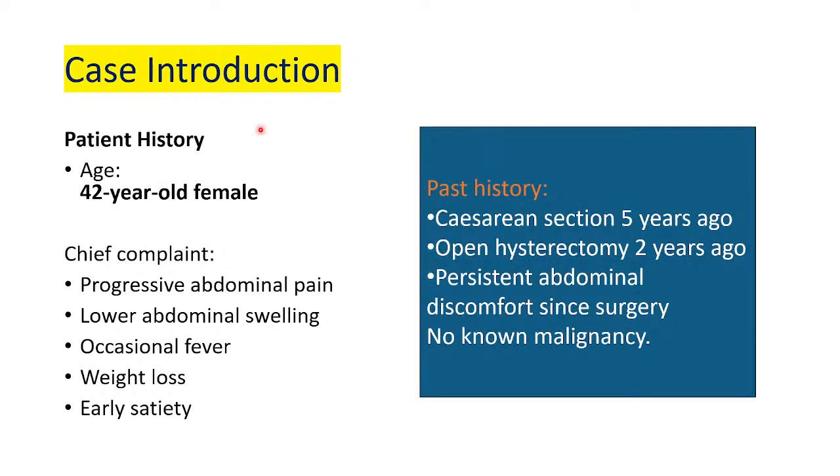The case introduction. Patient history, age, 42-year-old female, chief complaint, progressive abdominal pain, lower abdominal swelling, occasional fever, weight loss, and early satiety. The patient history, cesarean section was done 5 years ago. Open hysterectomy was done 2 years ago.